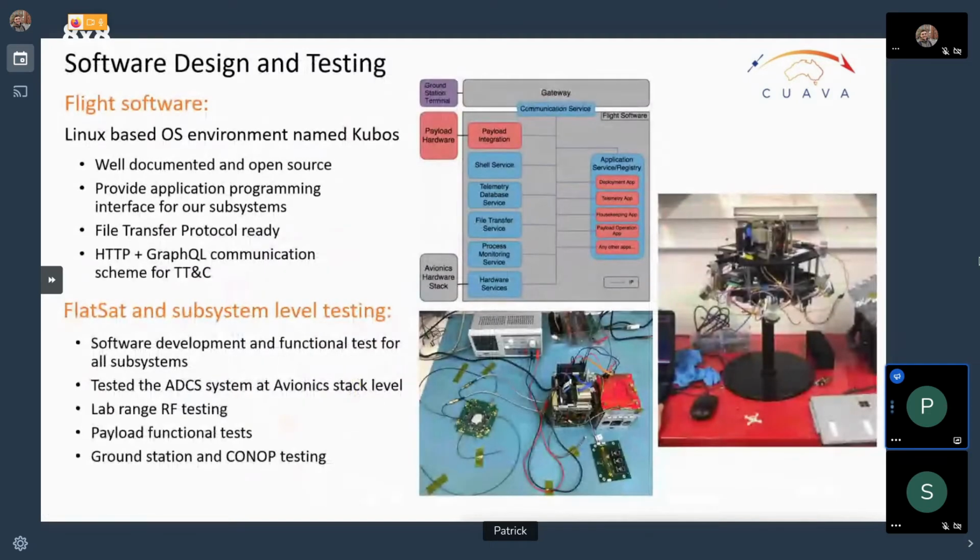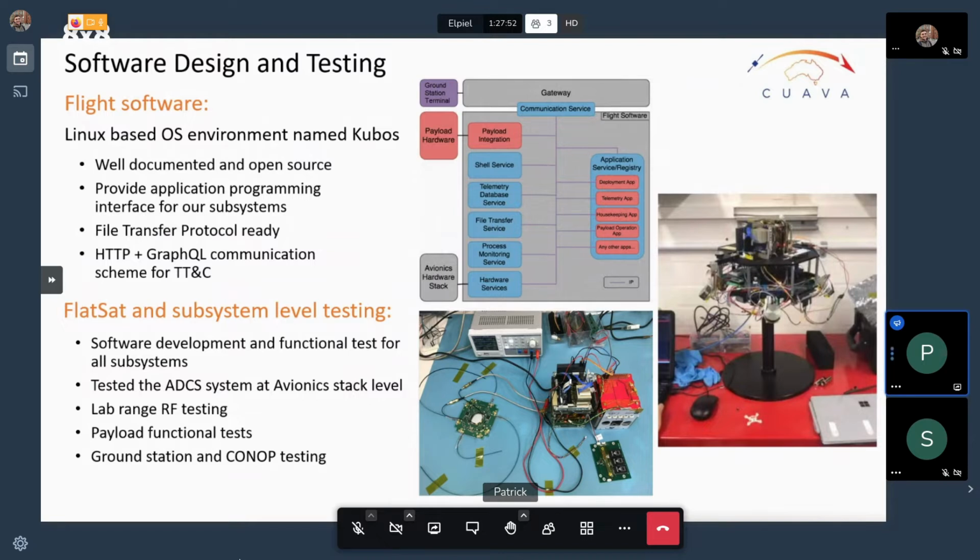About the software and the testing, for the flight software for our CubeSat, we used the Kubos open source platform. I believe that Adrian talked about this in the last AeroRust meeting. So it's an open source platform developed many years ago, well documented, and provides all the application programming interface for the subsystems.